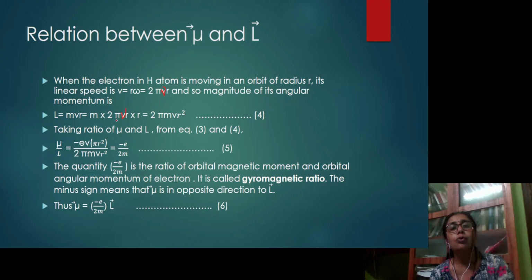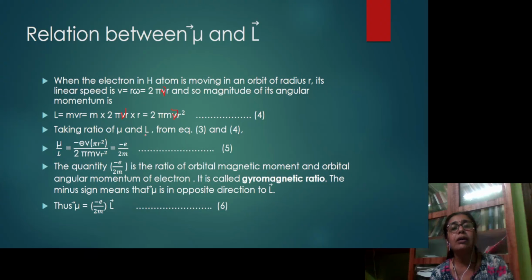So m into 2 pi nu into r multiplied by r, and here it will be 2 pi m nu r square.